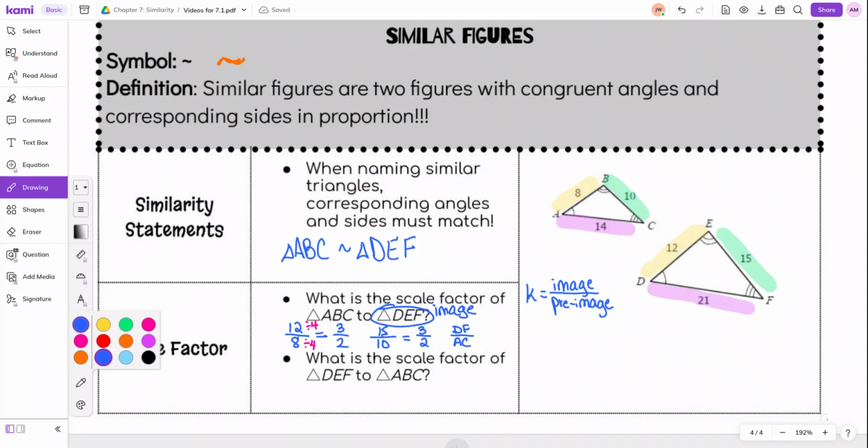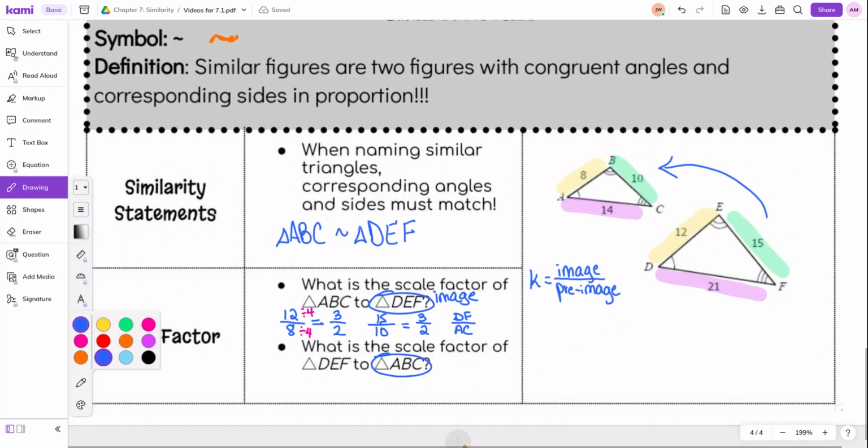Now going the opposite way, if I'm going from DEF to ABC, now ABC is going to be my image, and it's going to be a reduction going from one to the other. So I'm going to expect that my scale factor is less than 1. Again, I'm going to match up two pairs of corresponding sides, or at least one pair.